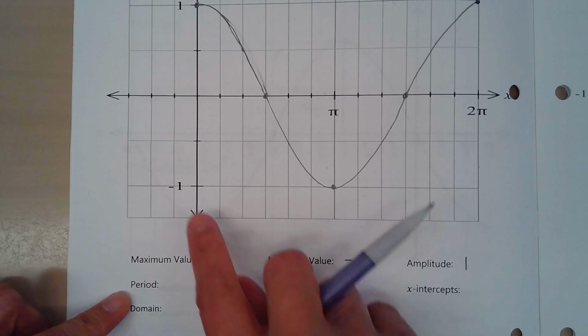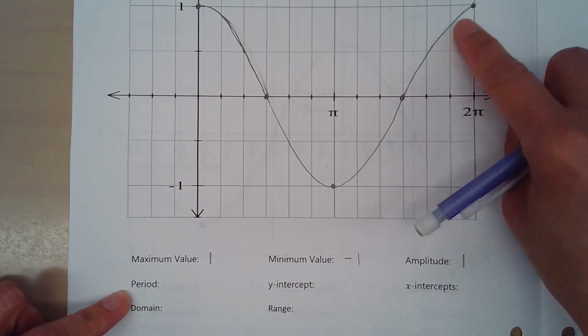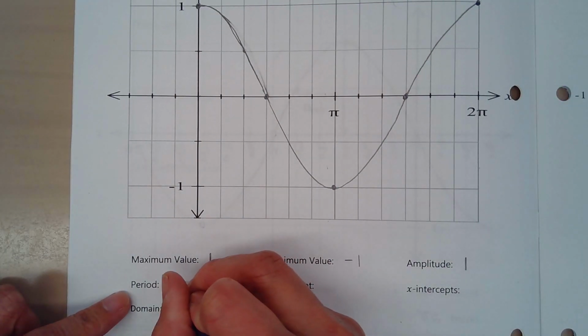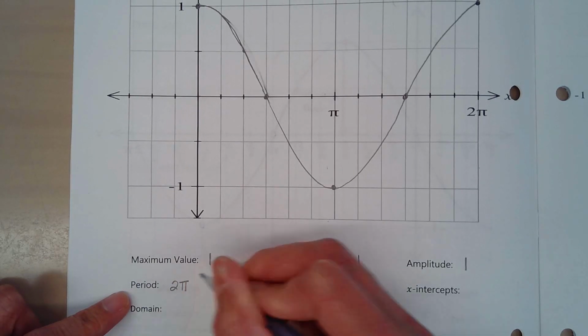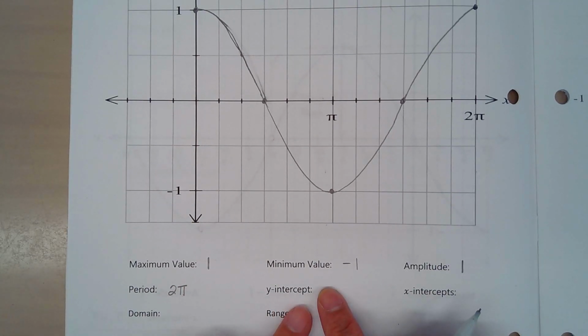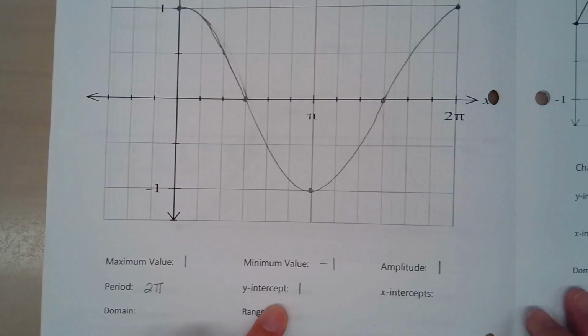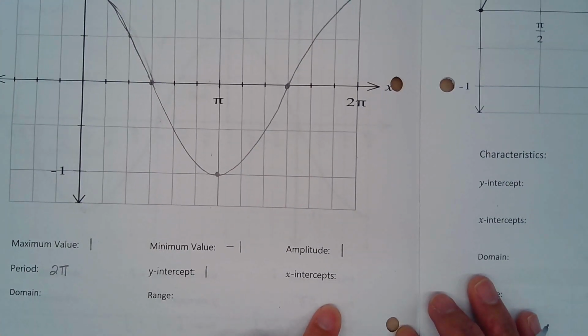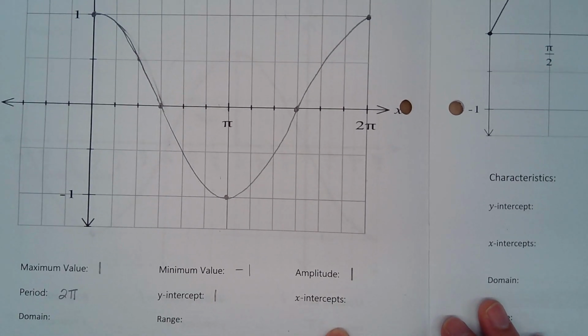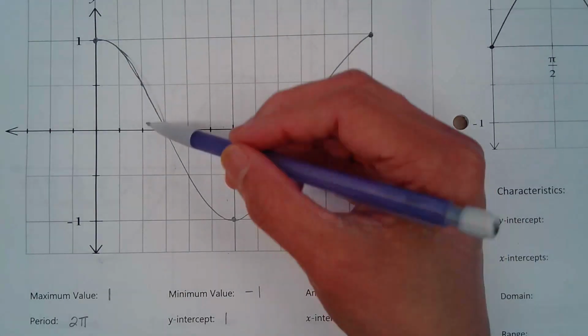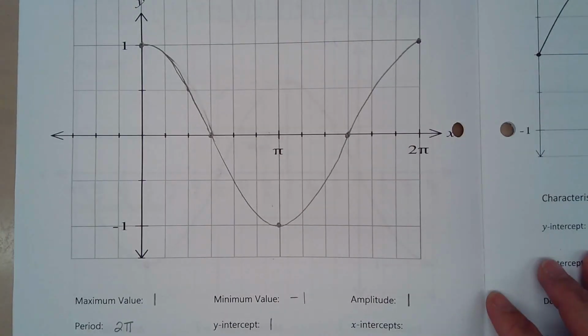Period is how long it takes to create one full revolution. That'd be 2 pi. Y-intercept is 1. X-intercepts are pi halves, okay? Where are the x-intercepts?